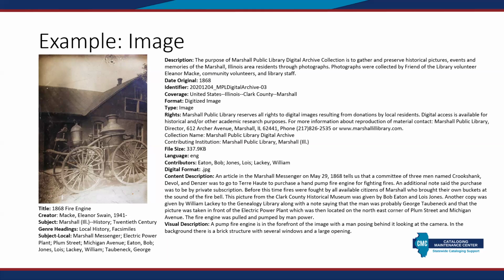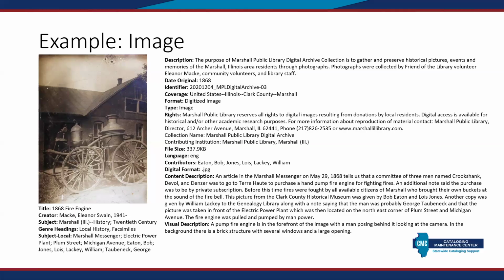The fields included in this record are title, creator, subject, which lists Library of Congress subject headings, genre headings, subject local, which lists locally created and maintained subject headings specific to this collection. In this case, the local subject headings are for residents of Marshall in or associated with the photograph, as well as geographic locations specific to Marshall. 3 description fields.